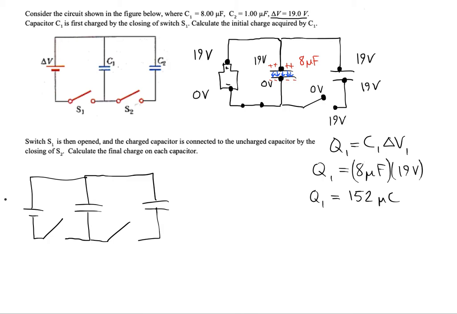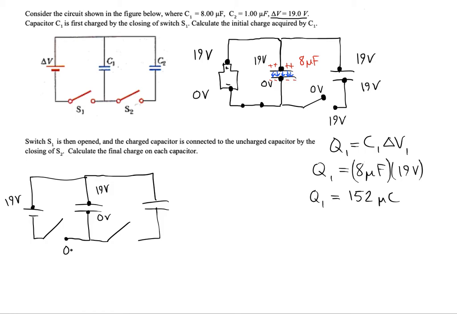And let's see what our potentials will be like around the circuit now. We'll have 19 volts at the positive terminal, of course. We'll have 19 volts at the positive plate of C1. And we'll have 0 volts on the negative plate of C1. This is what happens when the capacitor has been charged. There will be a potential difference across that capacitor.